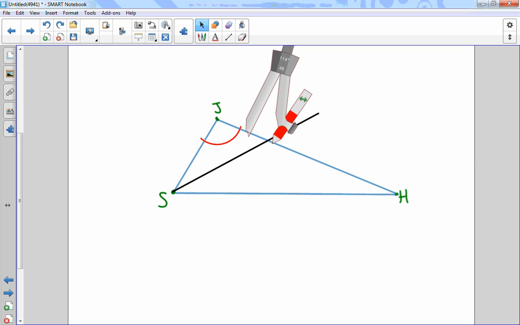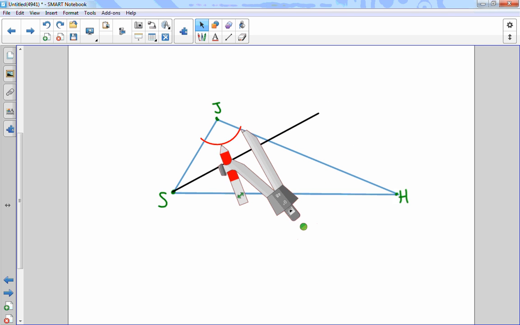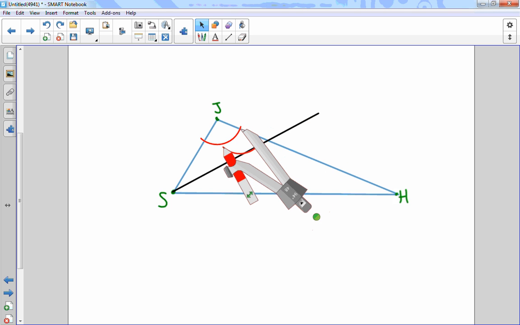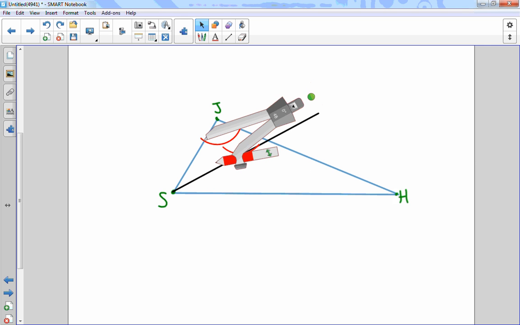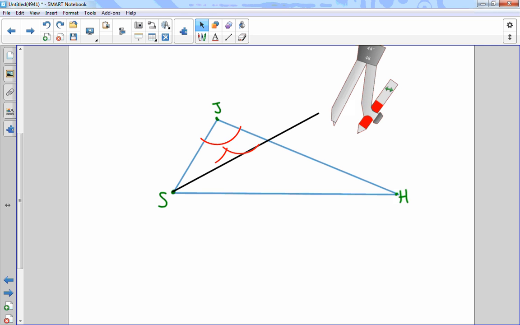Repeat it to one of those intersections. Repeat it to the other intersection. Find out where they cross. Whew, barely made that cross right there. And then line up your ruler with J, and that intersection, go all the way through.